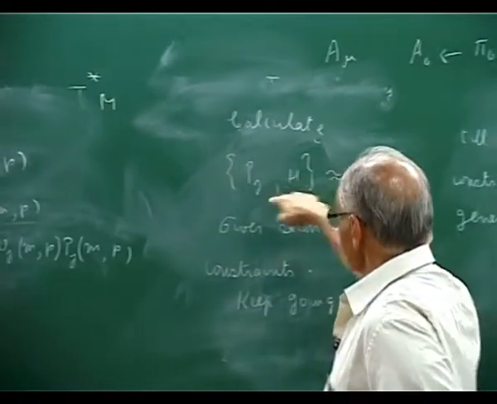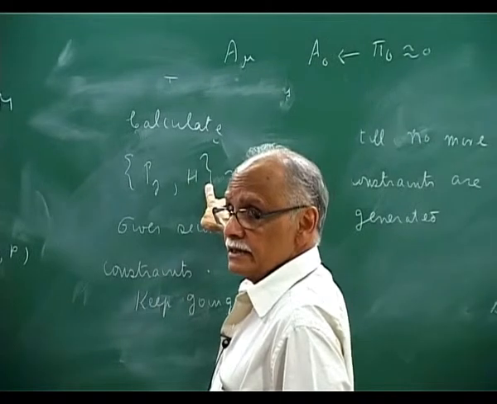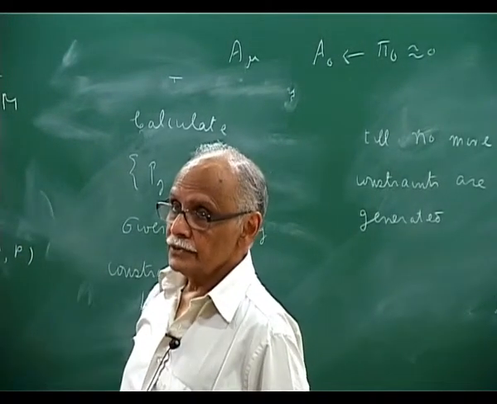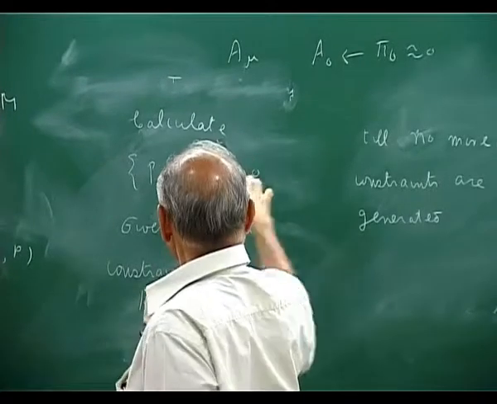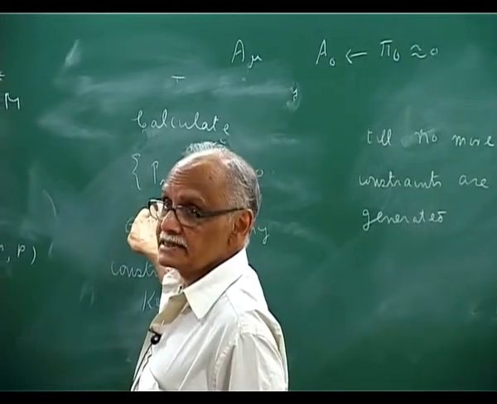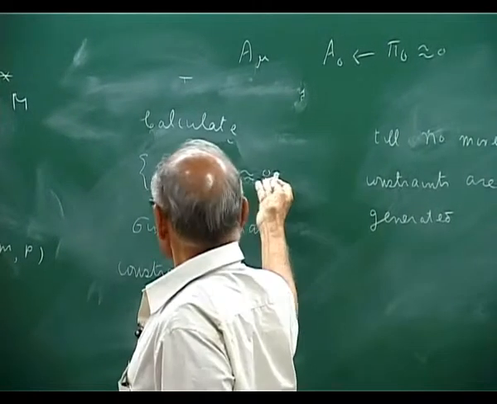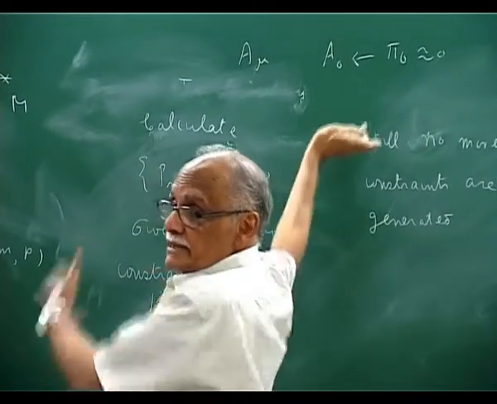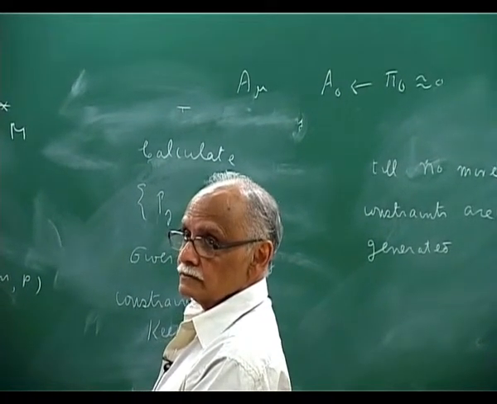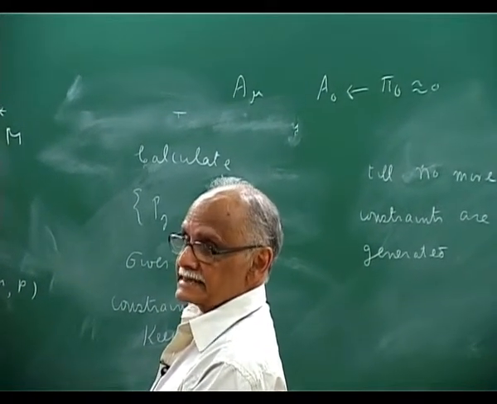Set it weakly 0, compute a Poisson bracket and then evaluate it on this surface. So when I write here 0, it is modulo the P's. It could be some linear combination of P's, but there may be extra terms. That will give you the secondary constraint.